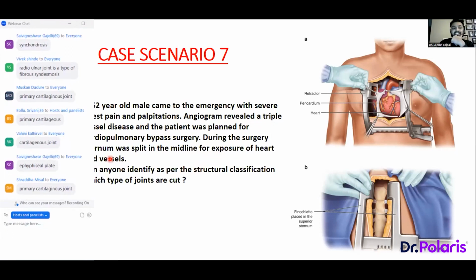During the surgery, the sternum was split in the midline for exposure of the heart and vessels. So you see here, this is the sternum. Now he has split the sternum in between so that he can get a whole view of the heart and the great vessels. Now, can anyone identify, as per the structural classification, which particular joint is cut through the sternum and what variety it is?